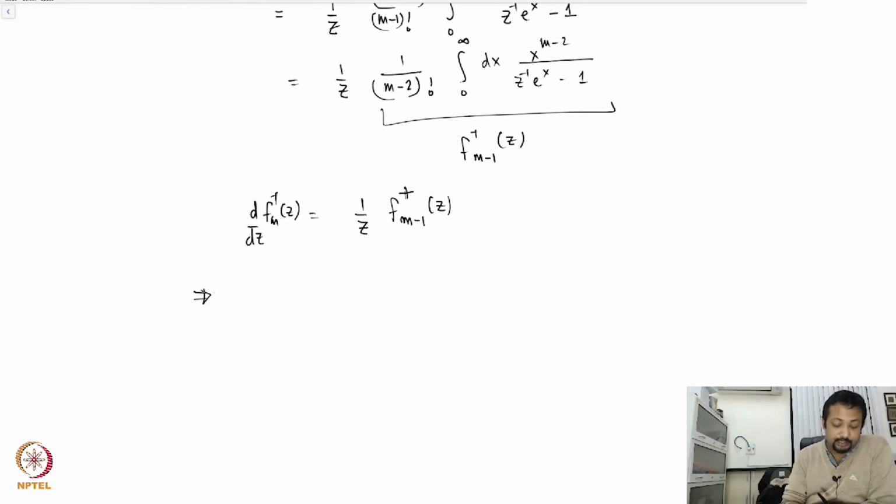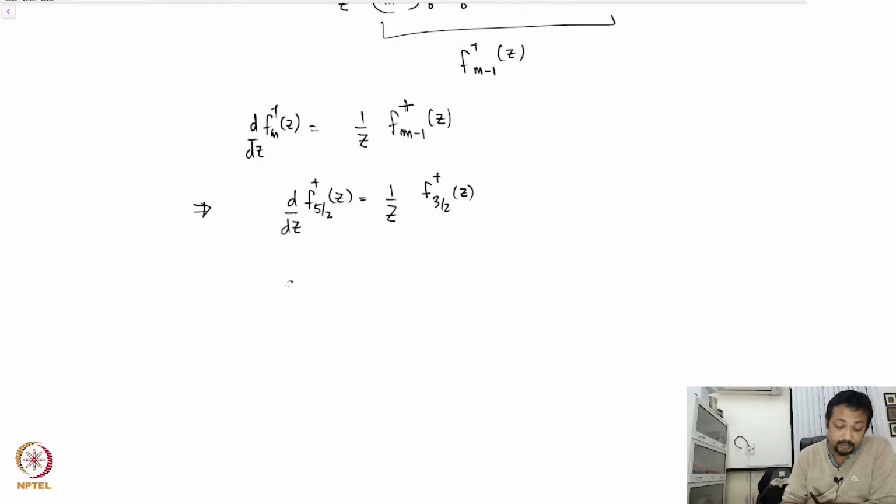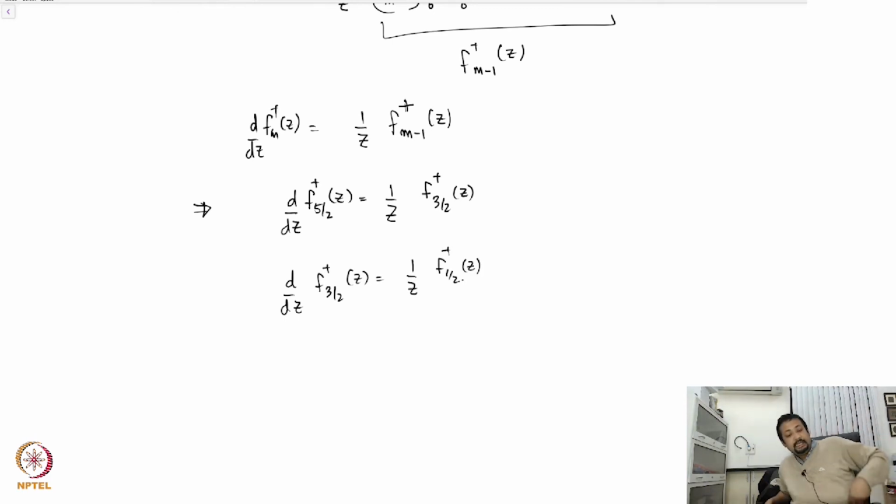Therefore, this implies that d/dz of f plus 5 by 2 of z is going to be 1 by z f plus 3 by 2 of z, and d/dz of f plus 3 half of z is going to be 1 by z f plus half of z. Correct?